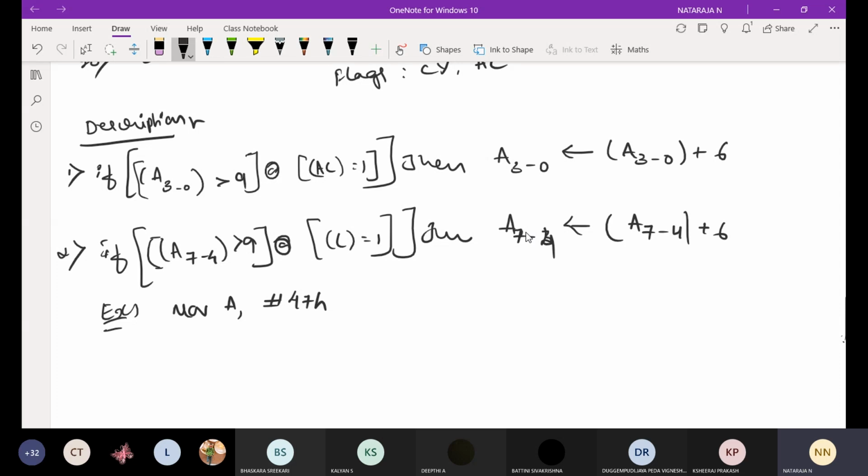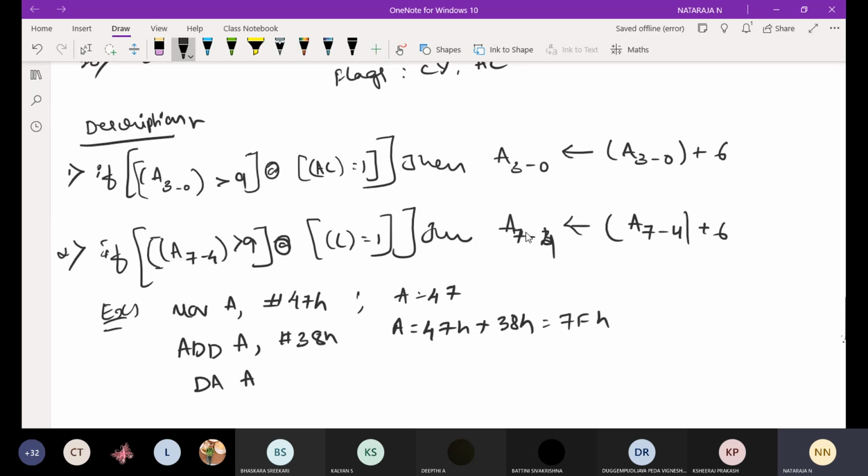You can do one thing: move A, #47H, then add A, #38H. Here one instruction will be reduced. After adding, decimal adjustment accumulator. Here A is equal to 47H, and if I add 47H plus 38H, it will be 7FH, I think. If you have calculators, you can try it, or if you are not interested, don't worry, I will write the answer. You can make a note, or you can take a snapshot.